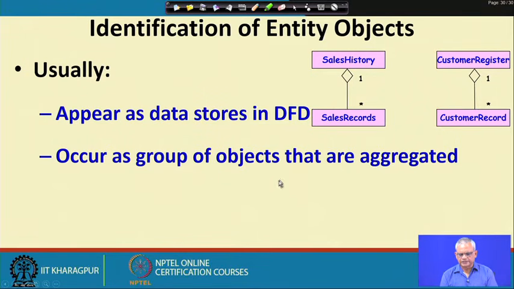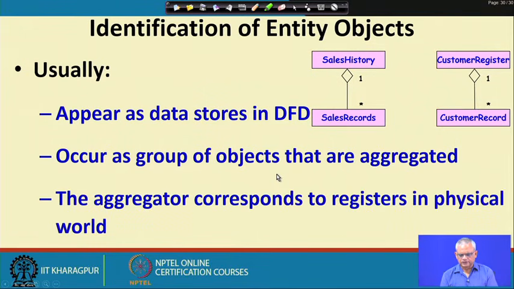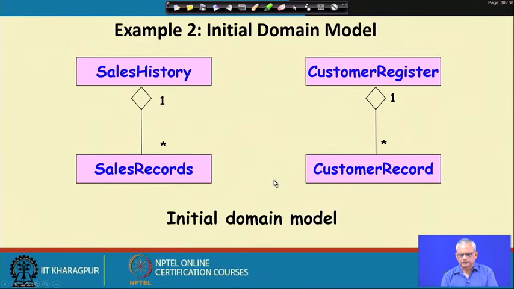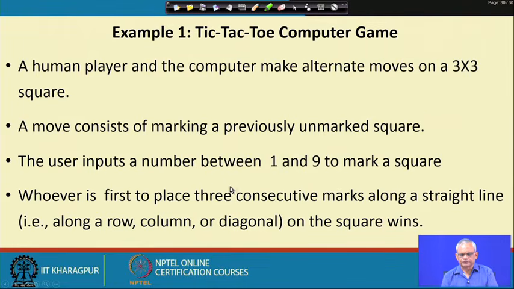These are groups of objects that are aggregated, and the aggregator typically corresponds to a register in the physical world, which keeps track of the large number of objects that are created. Once we create the entity classes, we call it the initial domain model, and then we add the boundary and the controller classes, and then we go for the next step, that is the sequence diagram development from the domain model.